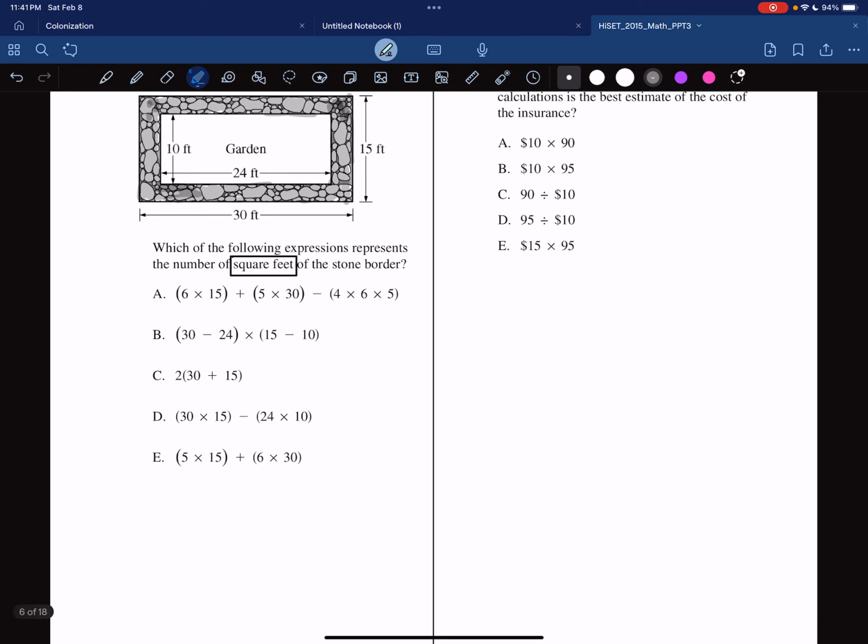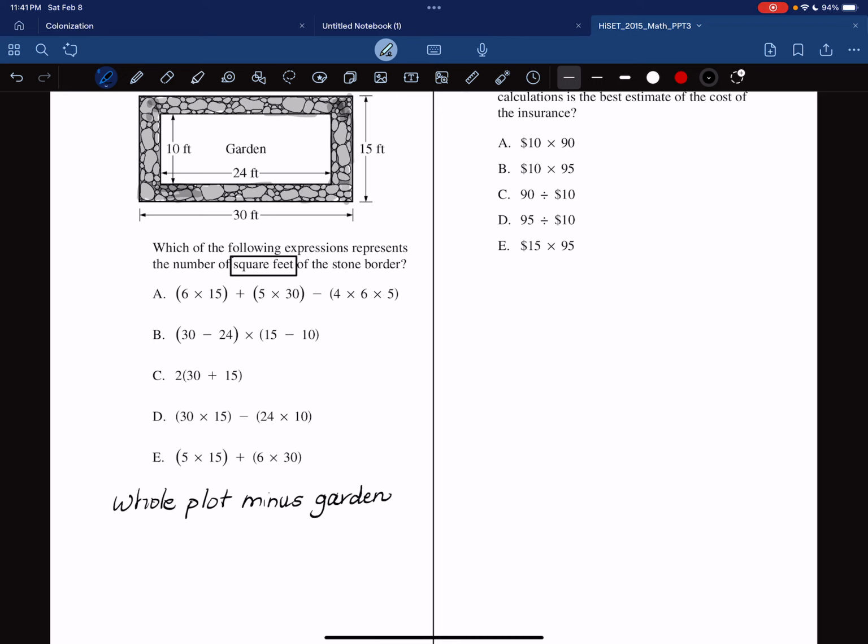So there's subtraction involved. I'm going to take the whole plot minus the spot that's reserved for the flowers, the garden itself. So if I know that, I can figure out the answer from here.